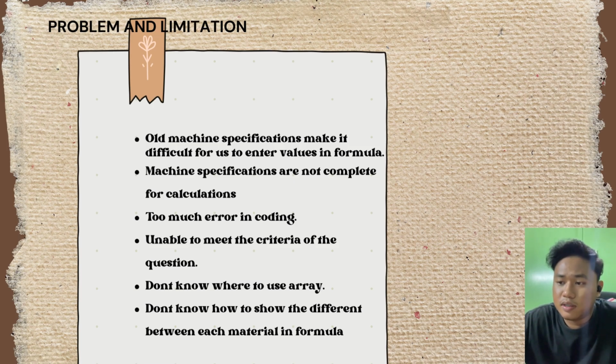Second, the machine specifications are not complete for calculation, so we must search on Google. Third, there are too many errors in the coding. Fourth, we are unable to meet the criteria of the question. Then, we don't know where to use an array. And the last one is we don't know how to show the difference between each material in the formula.